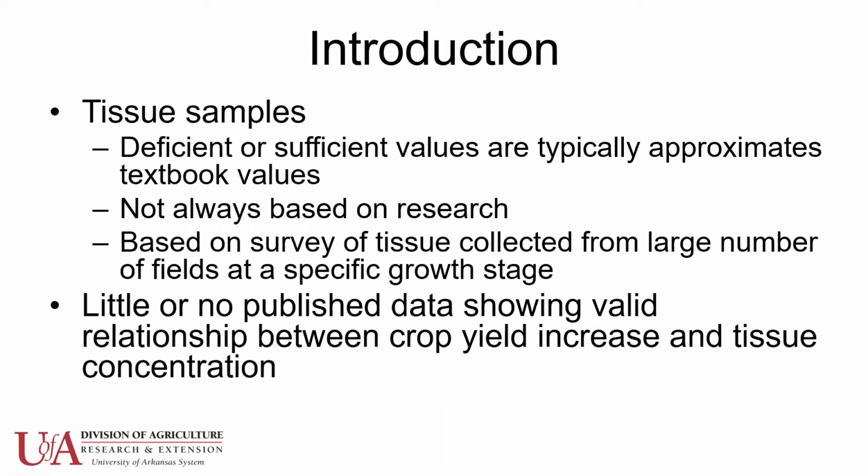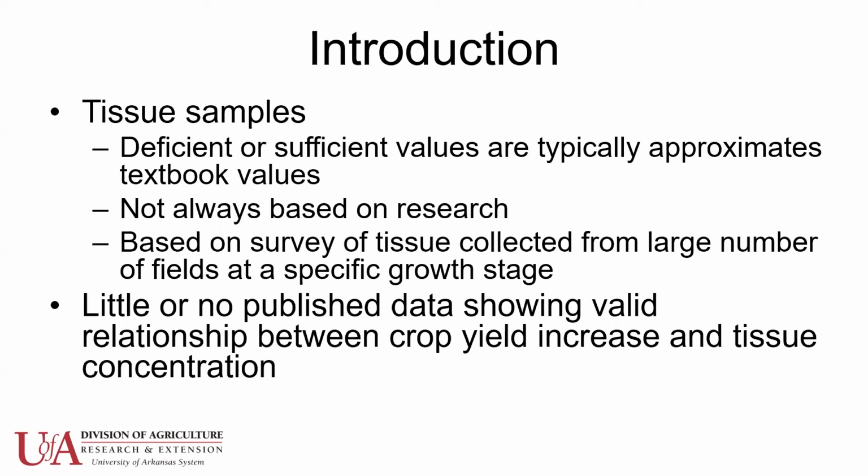For many of the nutrients, critical concentrations are simply based on a survey of tissue collected from a large number of fields at a specific crop growth stage. The information from survey-based critical concentrations is agronomically interesting and useful, especially for troubleshooting field problems during the season.